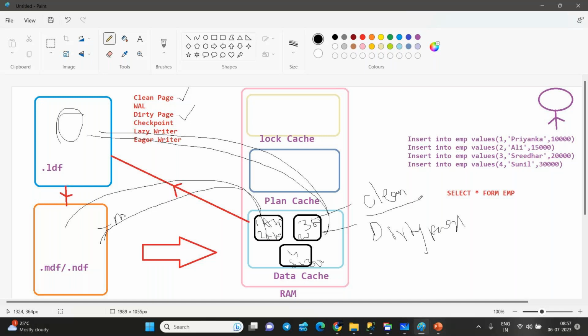Whenever checkpoint triggers, it will move the changes to the disk and make those dirty pages clean pages. Whatever changes you perform will move into the MDF file. These pages will still be available in the buffer, but you should not call them dirty pages. You should call them clean pages because all the changes have been moved to the physical disk with the help of checkpoint.